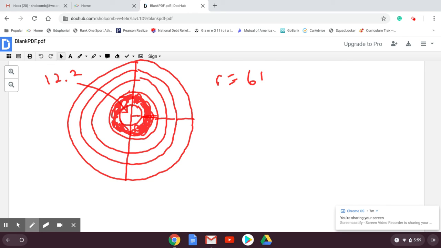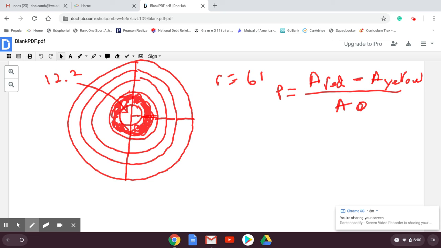All right. So to find that, the probability is going to be equal to the area of red minus, because that red circle really is not a full circle, we have to subtract off the area of the yellow, which is the very center ring, over the overall area of the circle by itself.